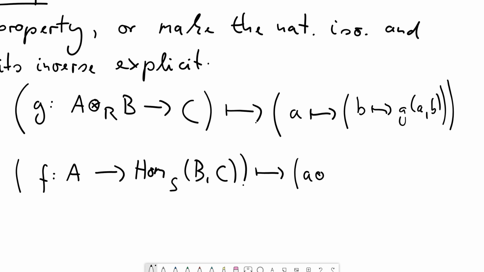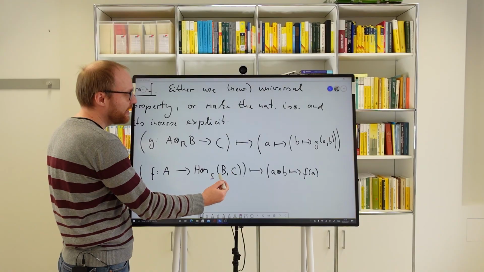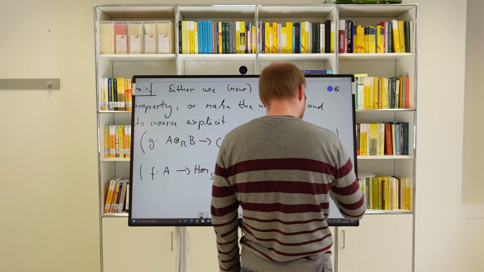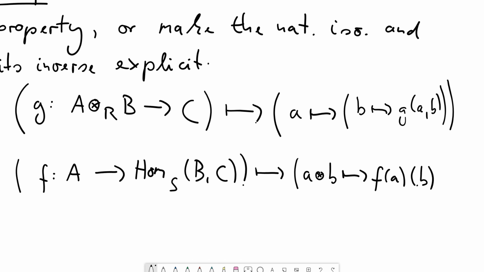That's always enough. And it does the following. Well, I plug in A into F. So then I come up with a homomorphism from B to C, and then I can still plug in B. And then I end up in C, as I should on the left-hand side.